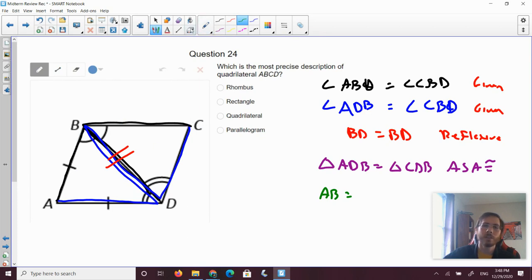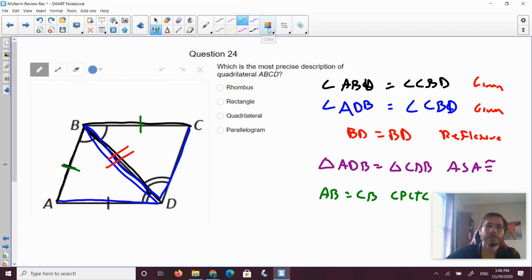Oh, not CDB, CBD. Always good to double check. Order matters. So ADB, CDB. No, I had that right. That was good. I don't know why I'm changing it. All right. So either way, we have AB on the ends and CB on the ends. Those have to be the same by CPCTC because they're in the same places. So since this is a 1 tick mark, that's also a 1 tick mark.